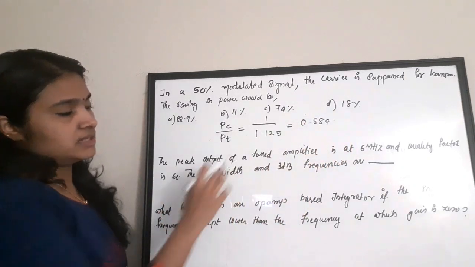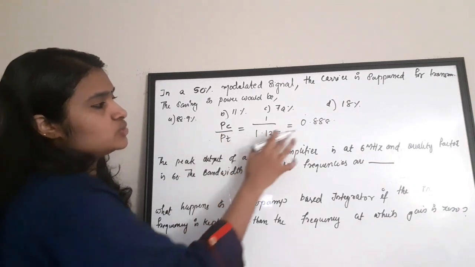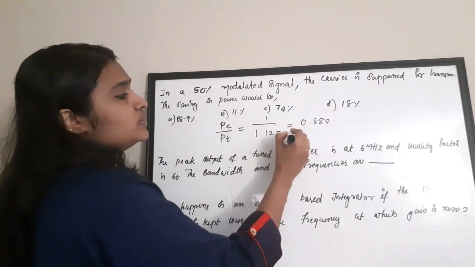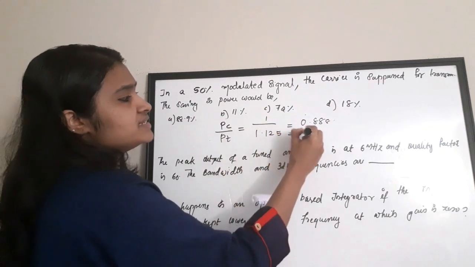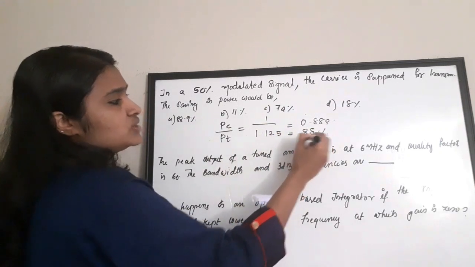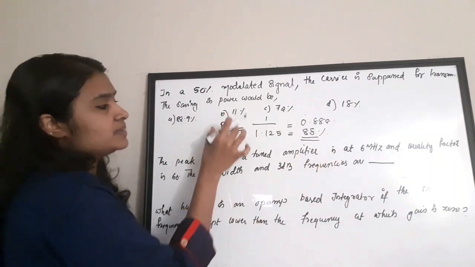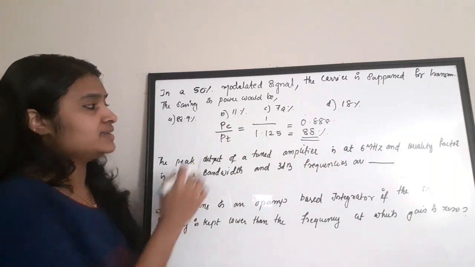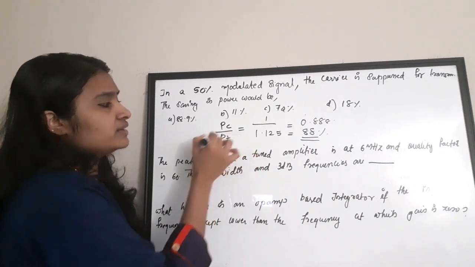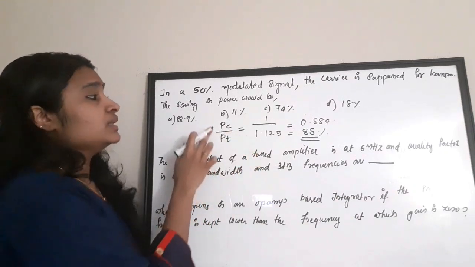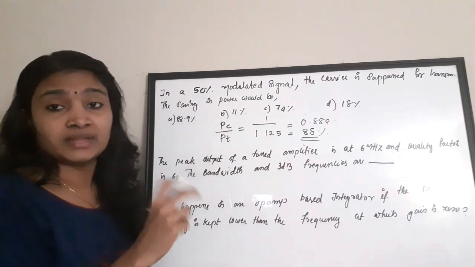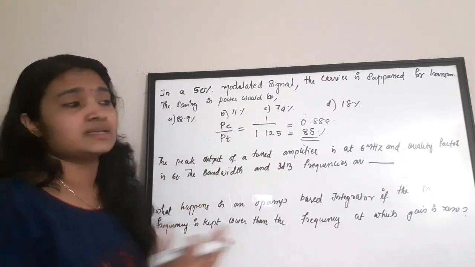So PC by PT, you have obtained as 0.888, or you can write in terms of percentage, it is 88%. The ratio of PC by PT is equal to 88%. That is, out of the total transmitted power PT, how much power is contributed by PC, that we are finding here.